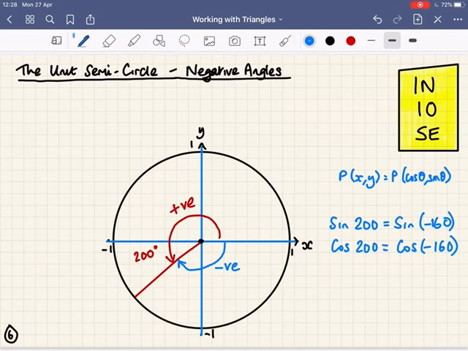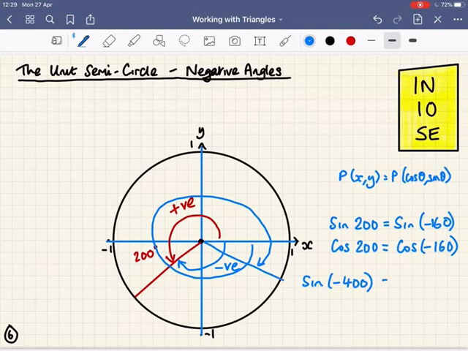And you can do negative angles that are greater than 360. We could have sine of minus 400, which would just be going around the circle, minus 360, and then coming to a halt. That would be the same as sine of minus 40, because I've been around a whole turn, so I can forget the 360 degrees that I've already been through, because that's returned me back to where I started.